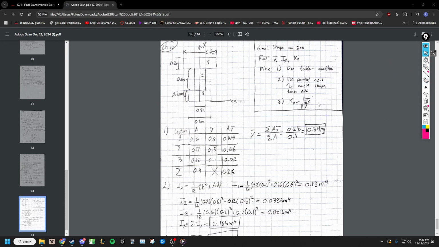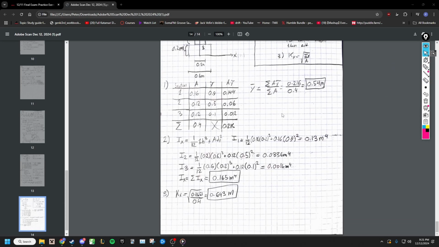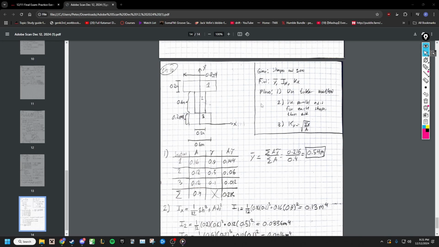0.54 meters. And moving on, we need to find I with respect to x. So how we do that is we use the parallel axis theorem. What we do is for each section, we find its Ix, and that is done with the formula of the Ix with respect to the centroid plus the distance between their centroids in the y dimension.